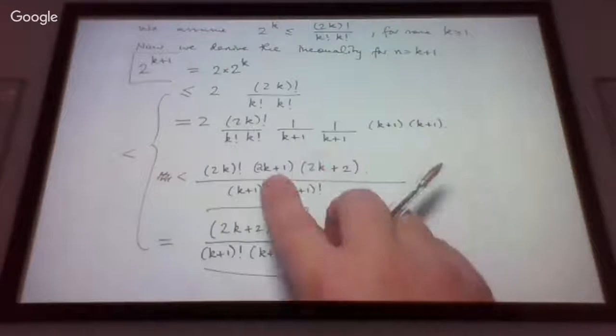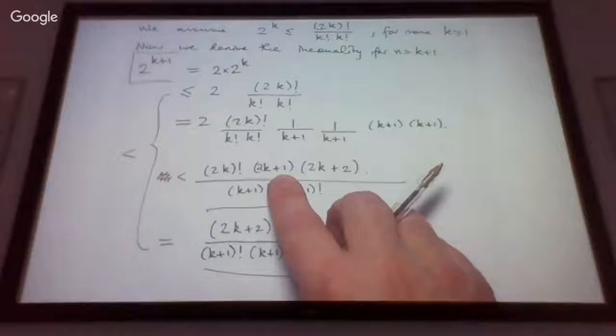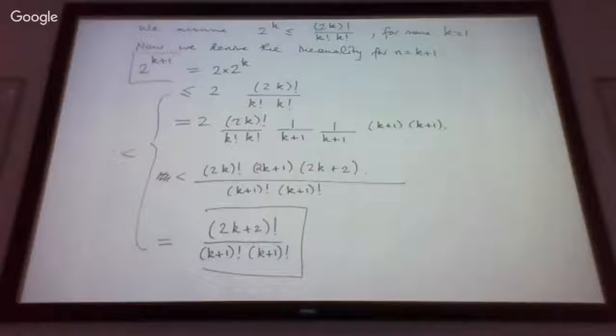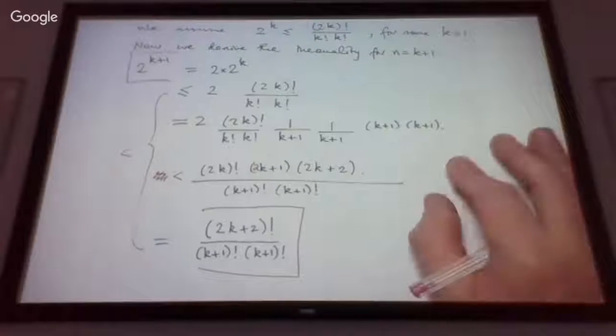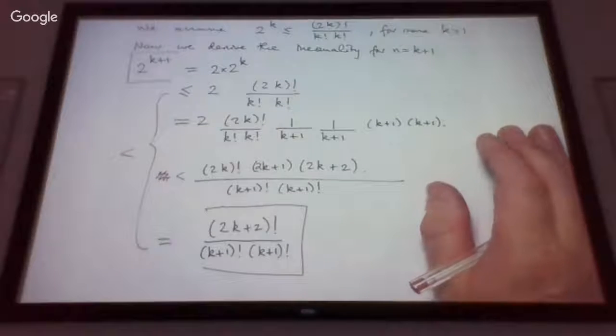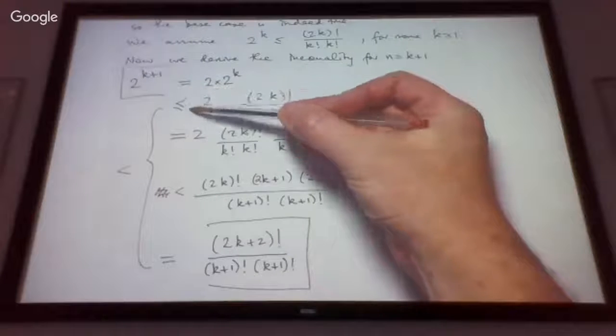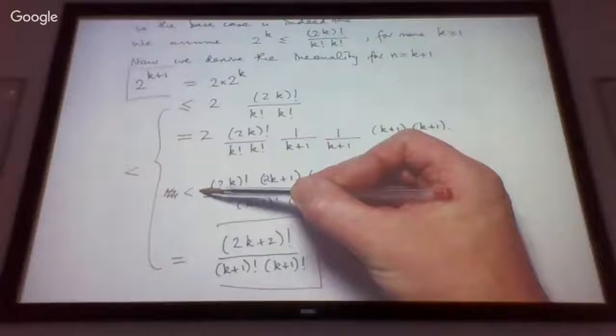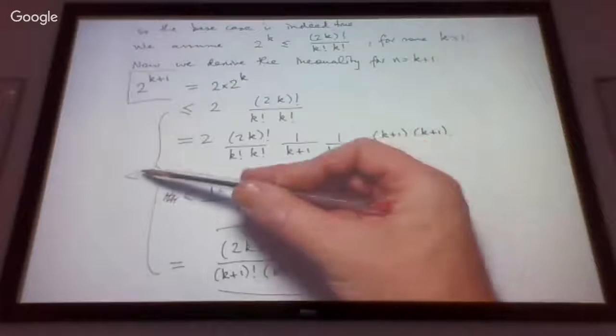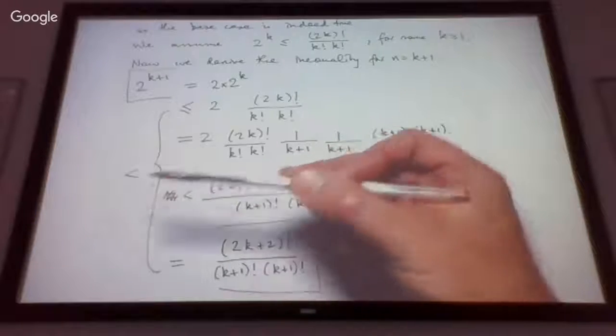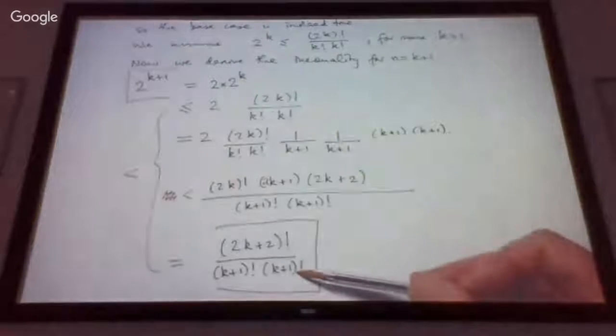But thereafter, because of this extra replacement of a k with a 2k, you've actually made it strictly less. Can you all agree that a combination of equals, less than or equals, and strictly less than, combined together, just means you've got strictly less than, comparing the left to the right.